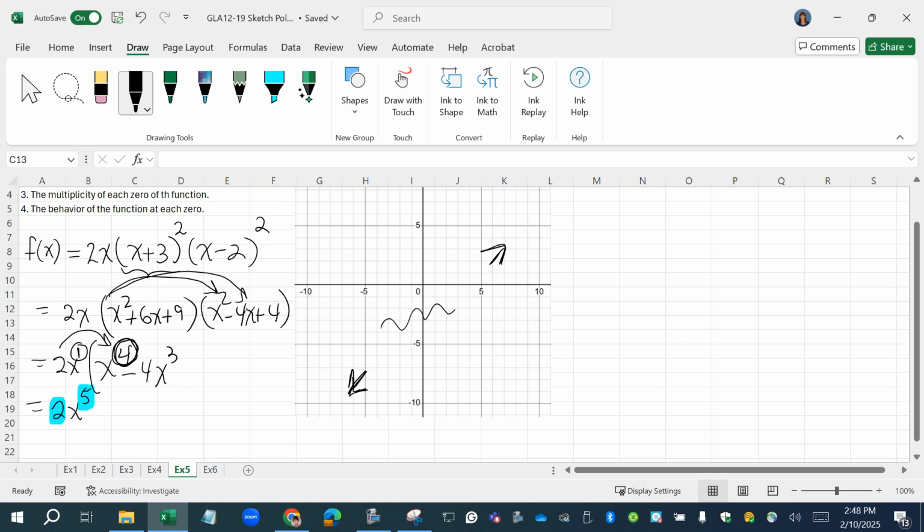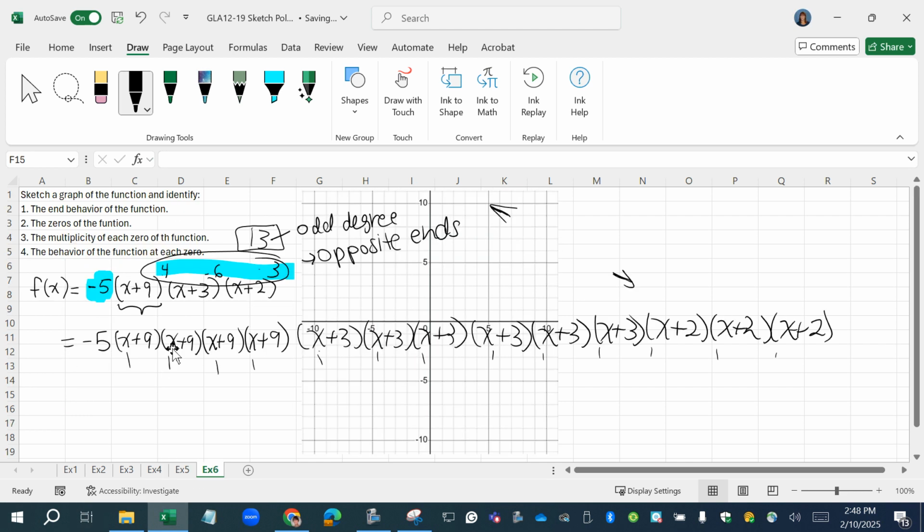There could be a lot of other stuff going on in between the ends, but I know at least what the ends will look like. And that is going to help me with some other information to sketch the polynomial. So that was the first part of this, to determine how the ends should behave.